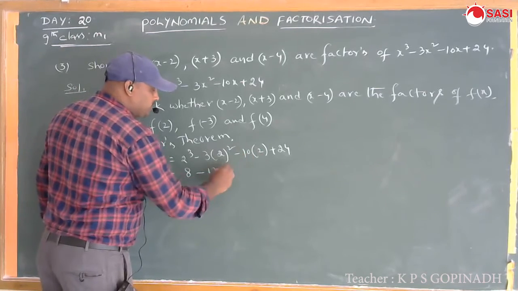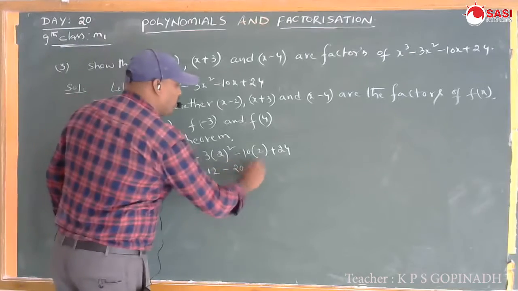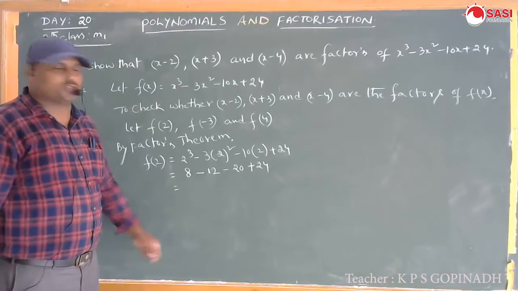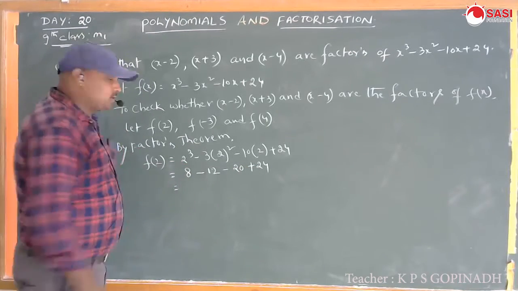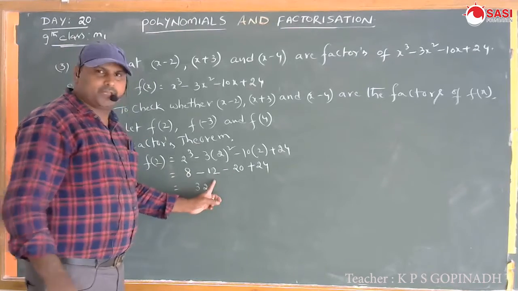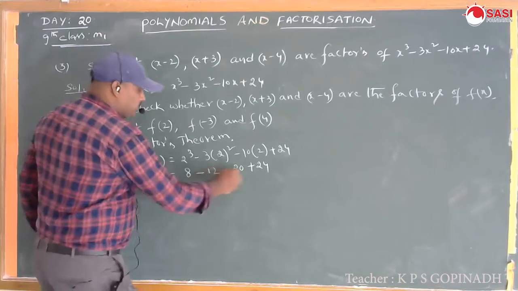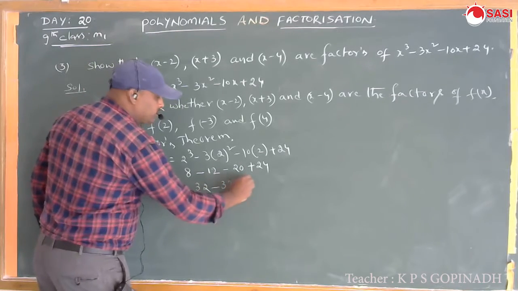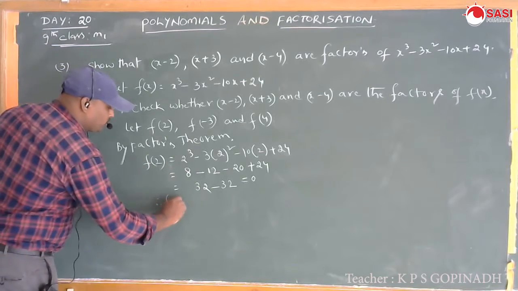Here plus into minus is minus, 10 twos are 20, plus 24 as it is. That is equal to, first you should add the positive numbers, 24 plus 8, 32. Later add the negative numbers. Here what are the negative numbers? Minus 12, minus 20. The addition is minus 32. 32 minus 32, 0. So what you got? Therefore f of 2 is equal to 0.